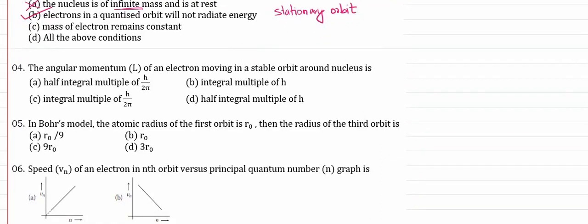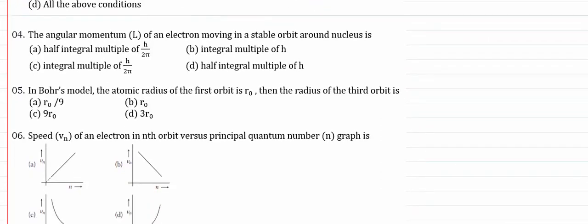Fourth one, the angular momentum L of an electron moving in a stable orbit around a nucleus is. By Bohr's postulate we know that mvr is equal to nh divided by 2 pi. So mvr is nothing but angular momentum.